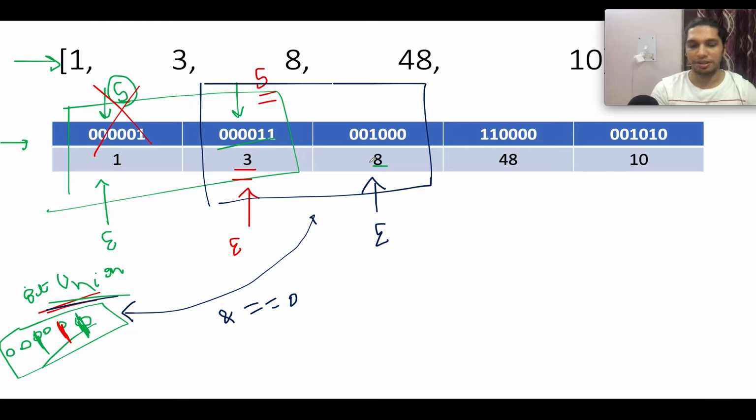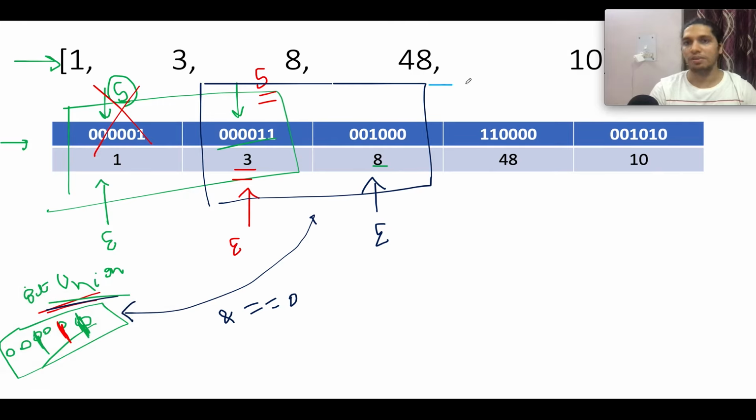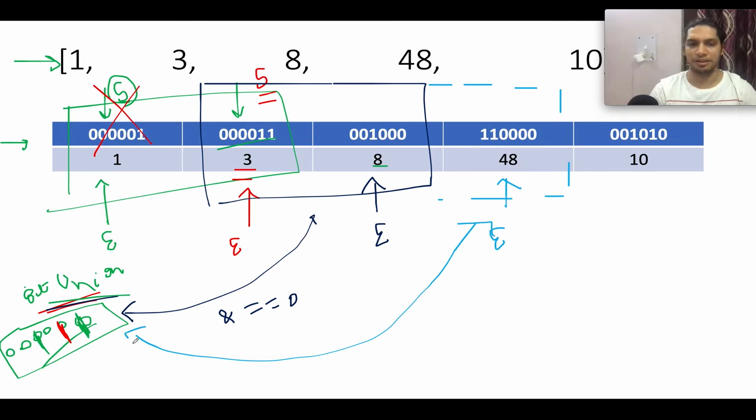Now again let's proceed ahead, and this time we are trying to increase the length of our sliding window. We are trying to check whether 48 can be part of the sliding window or not. So our E pointer gets updated over here. Again we perform the same thing. We perform the bitwise AND between these two elements, and what do we get?